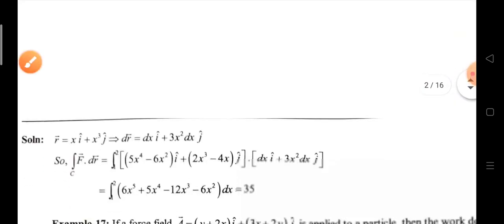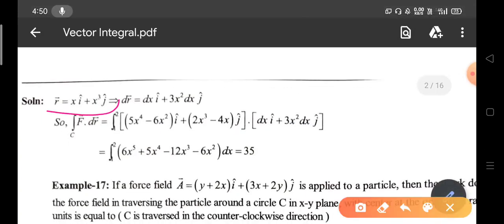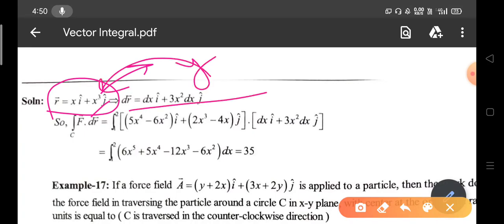Okay, so look here, r equals x i cap plus x cube j cap, because in place of y you write x cube, and dr becomes dx i cap plus 3x square dx j cap. So F dot dr becomes the integration over that contour of (5x to the power 4 minus 6x square) i cap plus (2x cube minus 4x) j cap dot (dx i cap plus 3x square dx j cap).